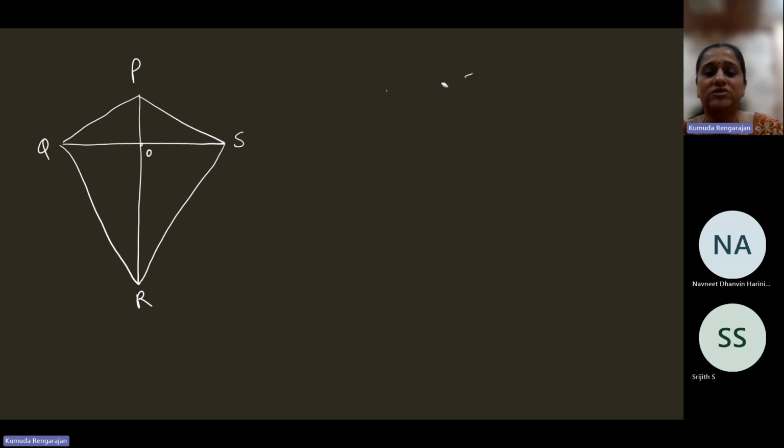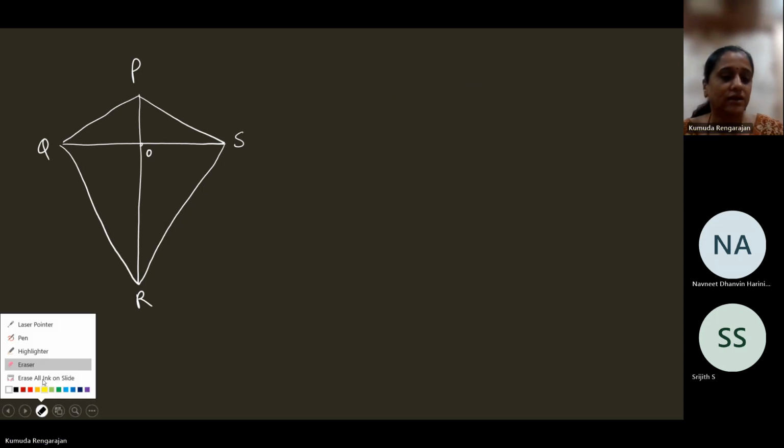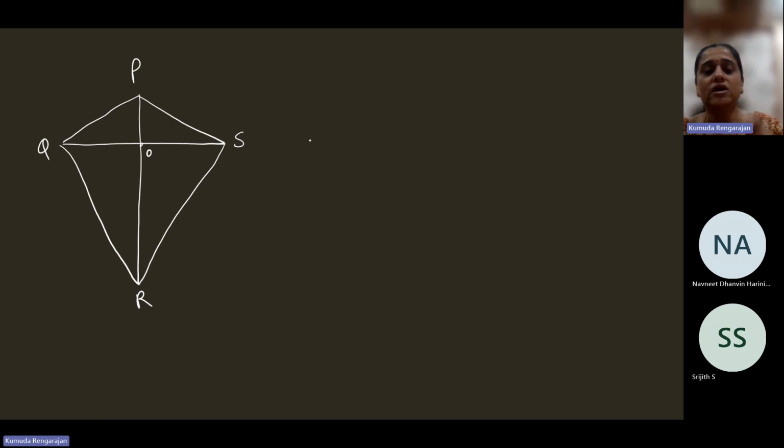Now, what are the other properties of a kite? A kite has two pairs of adjacent sides equal. Now see here, side PQ is equal to side PS. Also, side QR is equal to side SR. So a kite has two pairs of equal length sides which are adjacent to each other.